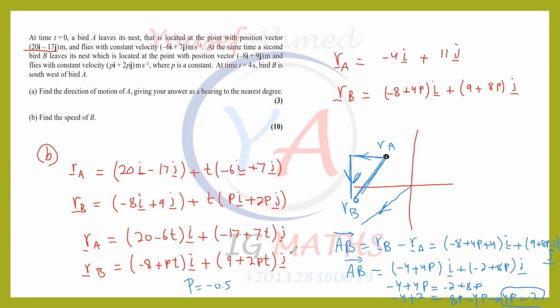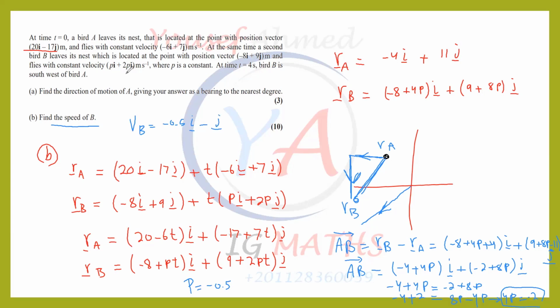We need to find the speed of B, which is the magnitude of the velocity. We already know the velocity of bird B, so you can replace the value of p here, and then you get the magnitude. So the velocity for B is equal to negative 0.5i plus 2 by negative 0.5 is negative 1, so it can be minus 1 directly for j.